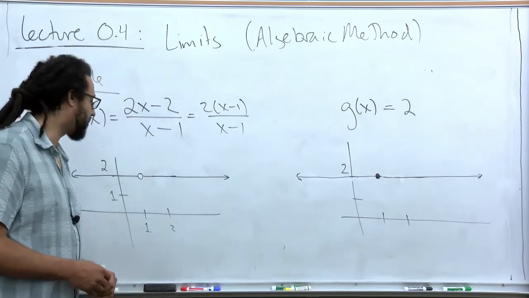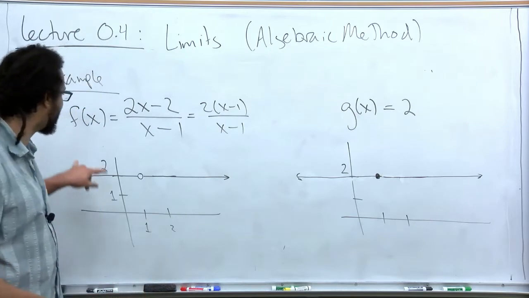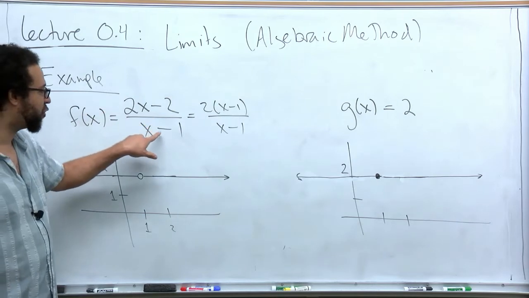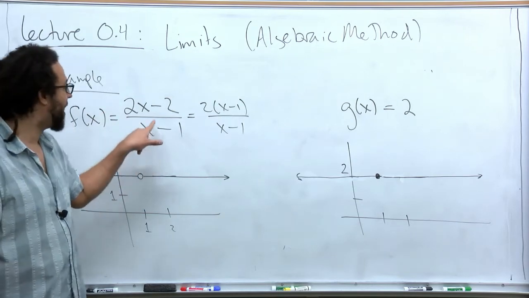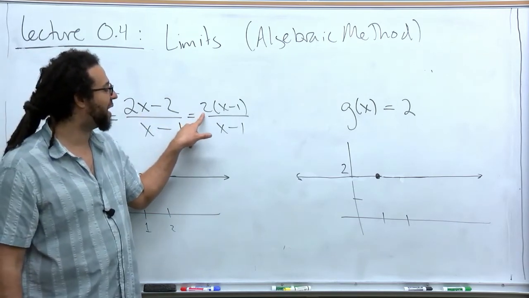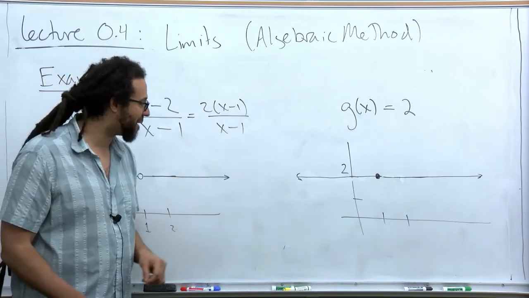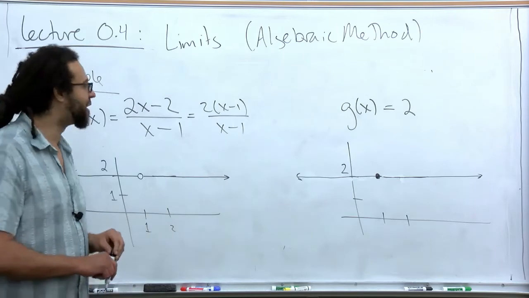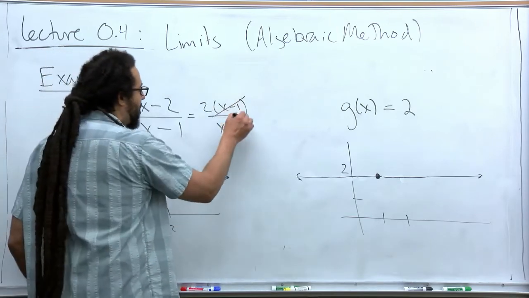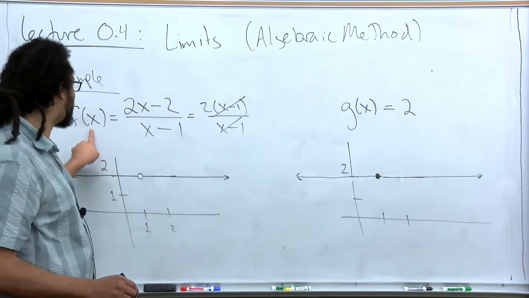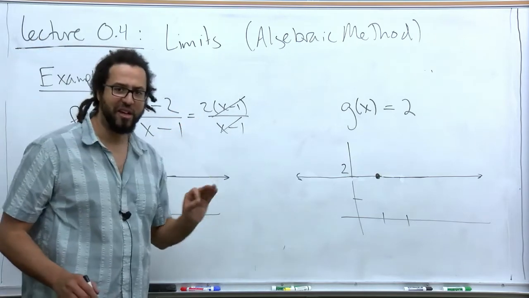So here's a function f, and it's 2x minus 2 over x minus 1. You can factor out a 2 and write this as 2 times x minus 1 over x minus 1. And you could then cancel the x minus 1s, and you'd be left with 2. But to say that the function f is equal to 2 is incorrect.